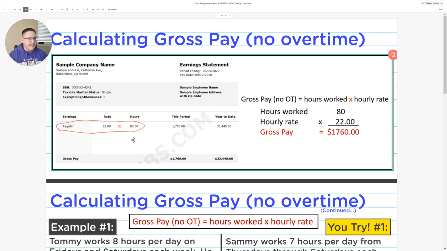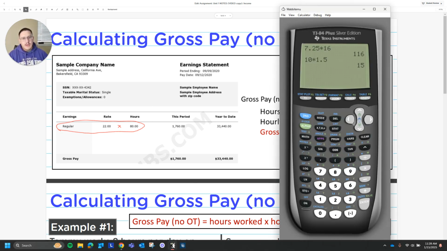So it looks like this is a bi-weekly pay stub. And so you're going to multiply 22 times 80 for this example. It's a little hard to see, but that's 22 times 80, and they get a total of $1,760 for their gross pay without any overtime.